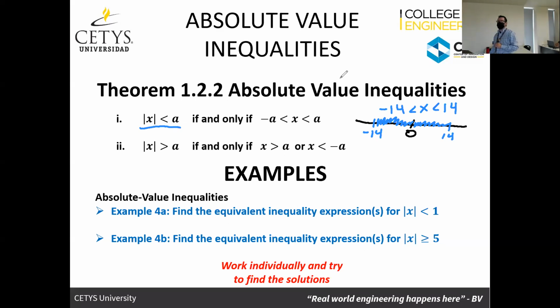If the absolute value is larger than, now I'm going to use my number. I'm going to have a 2 and a -2. Then the values where the distance is larger are going to be these values outside.